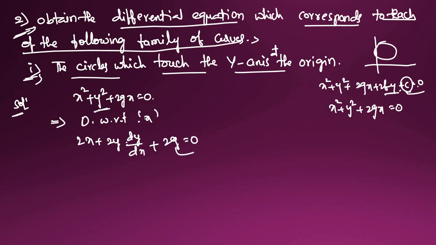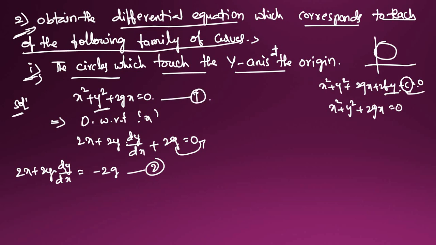I will take this 2g to the right side of the equation. It will become 2x plus 2y into dy by dx is equal to minus 2g. This I will take as 2 and the earlier one as 1.